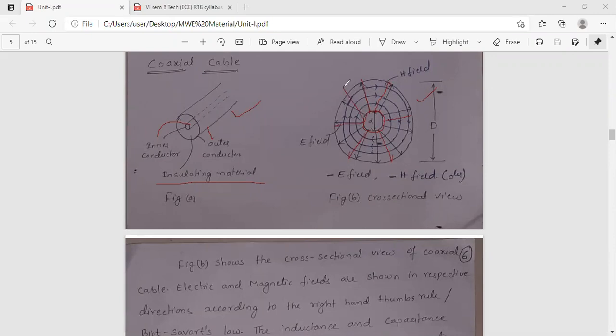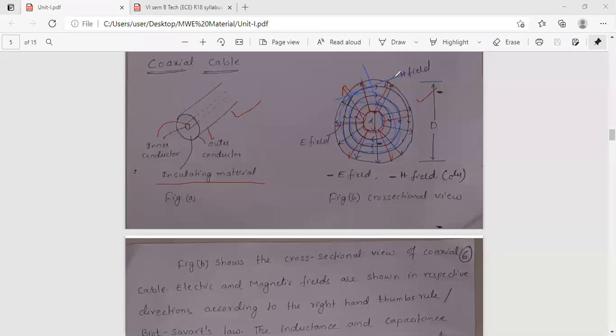Now, for the magnetic field, using the right-hand thumb rule, the magnetic field will be in the clockwise direction, as shown here, rotating around. You can observe that these two are perpendicular to each other.